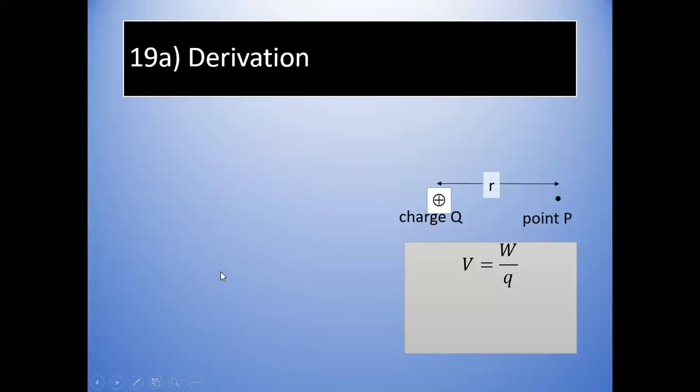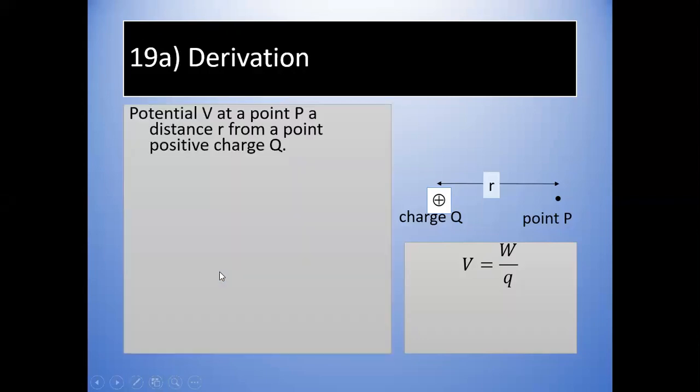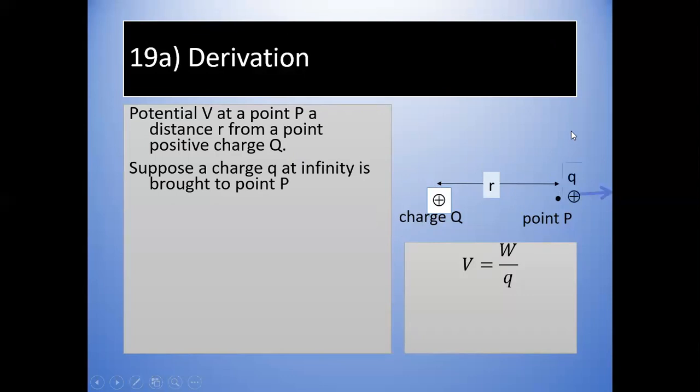We go to a definition. We are interested in this charge that contributes to the field. So we are interested to find the potential at P, a distance R away. So we are going to move a test charge, that small charge q, from infinity to the point P. So we are just using the definition, that's all.